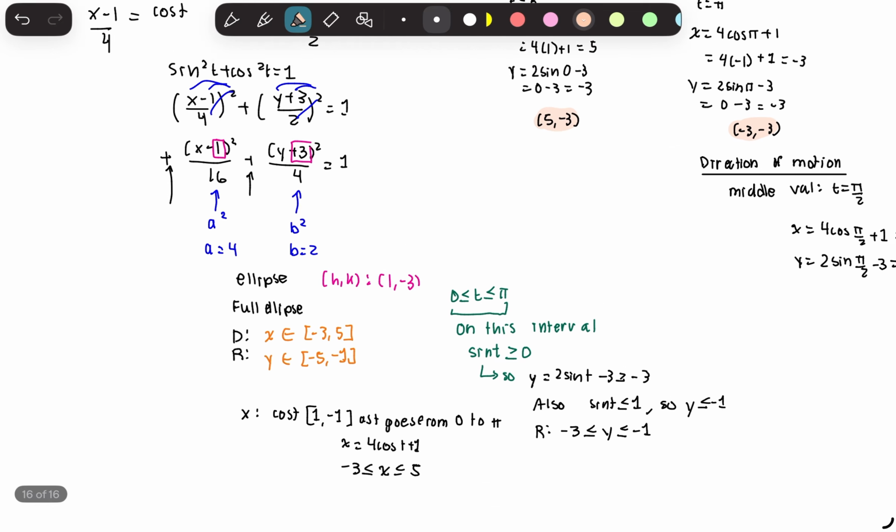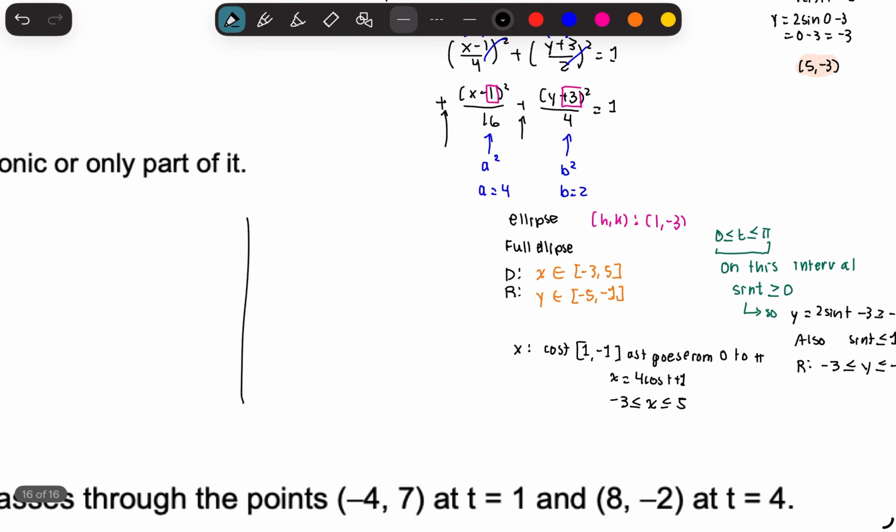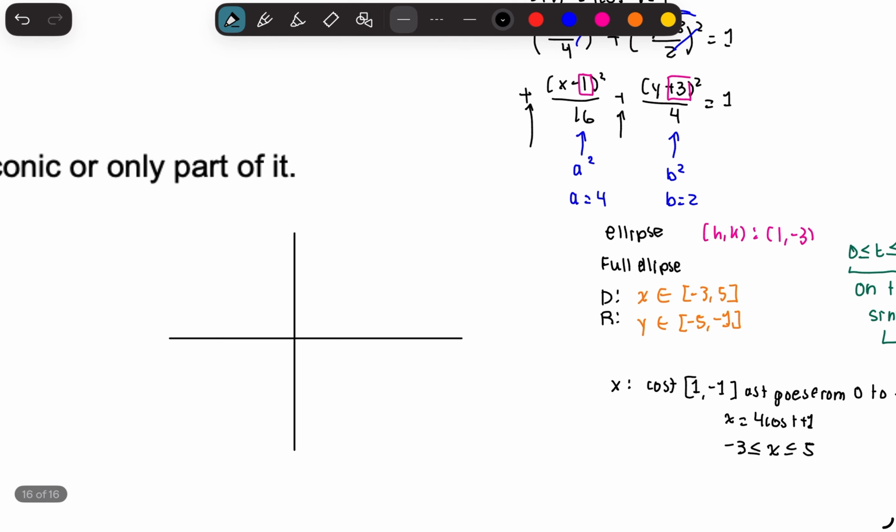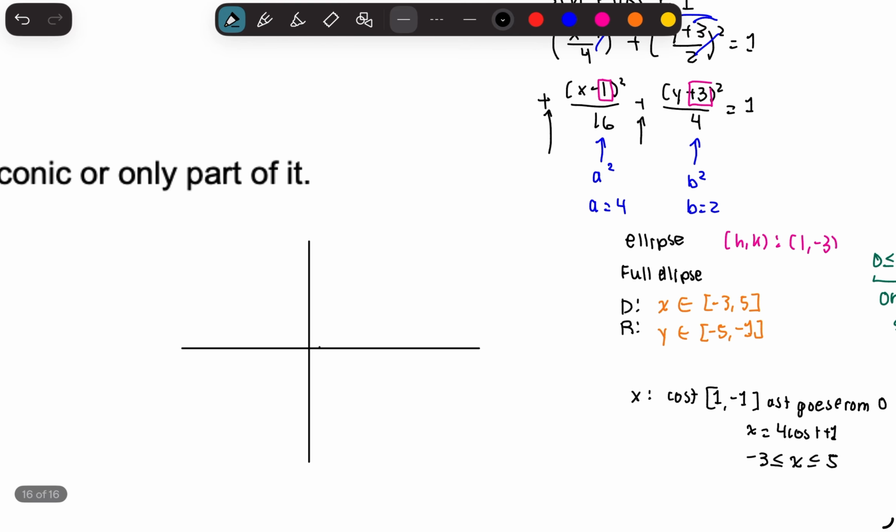So that's in our ellipse. Let's actually graph that. So we're going to go one and then down 3.